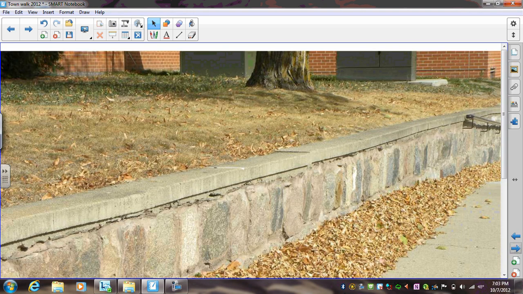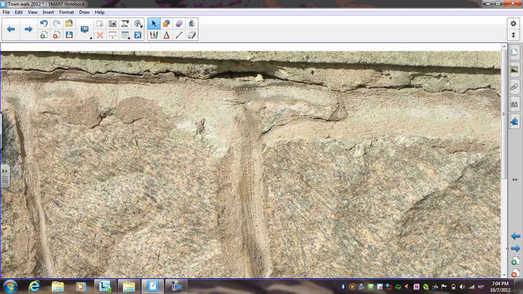This is the sidewalk wall, and we are on the south end of the Douglas County Courthouse, and the rock wall that we're looking at is this rock wall right here. And you'll notice that it's made up of a variety of different types of rock. If we look at it a little more closely, here are some of the rocks that are a good representation of what you're seeing here.